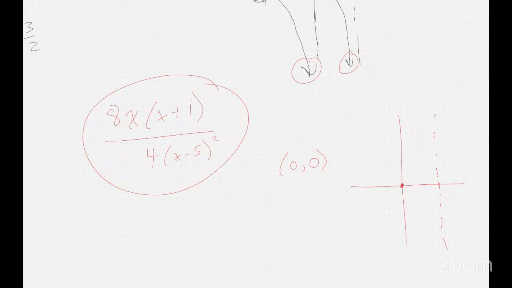None... no, I would have a horizontal asymptote because the degrees are the same, but one of them is squared. Oh, I forgot about the x. Okay, so then it would be two. Good. So there's your horizontal asymptote.